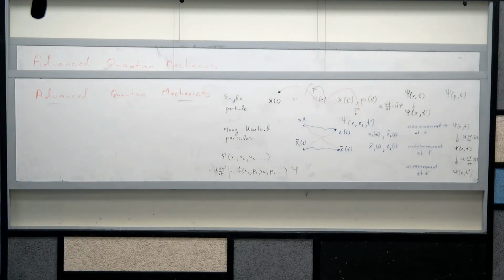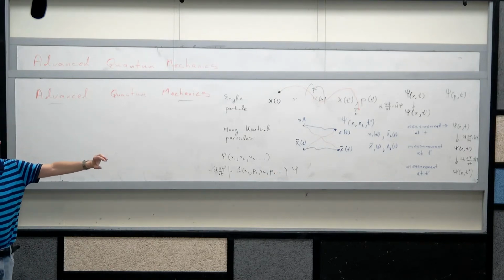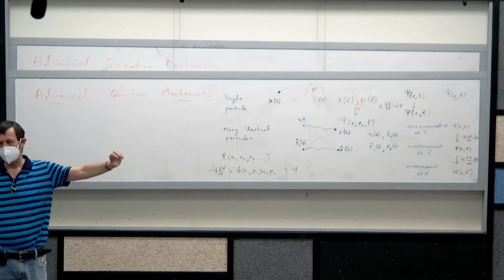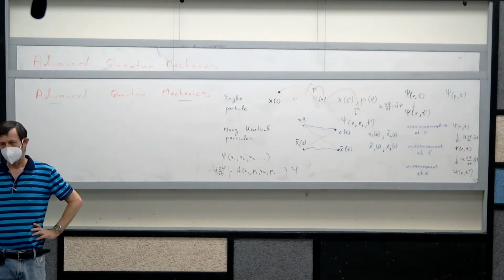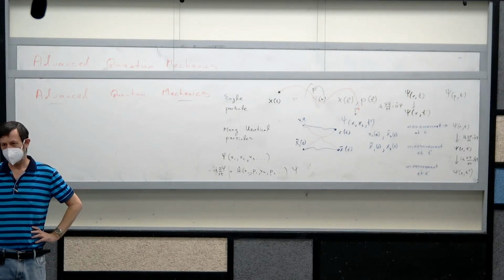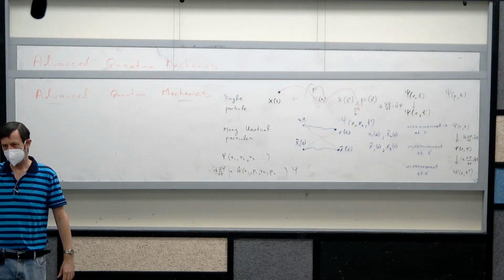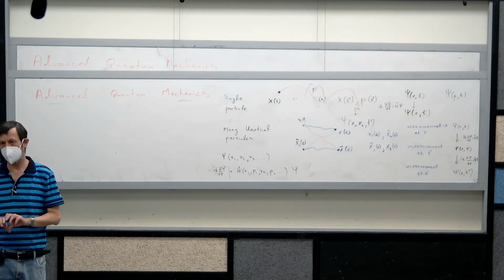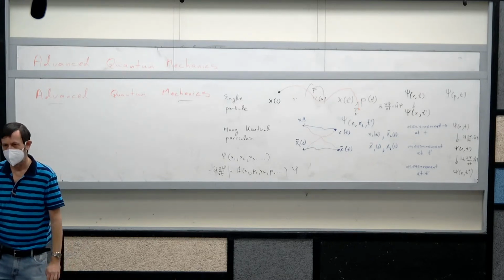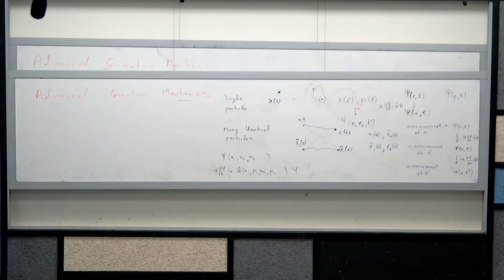What is not in this course? Many particles plus relativistic requirements gives me QED, quantum electrodynamics, which is the simplest way to describe electrons plus photons in a relativistic framework.